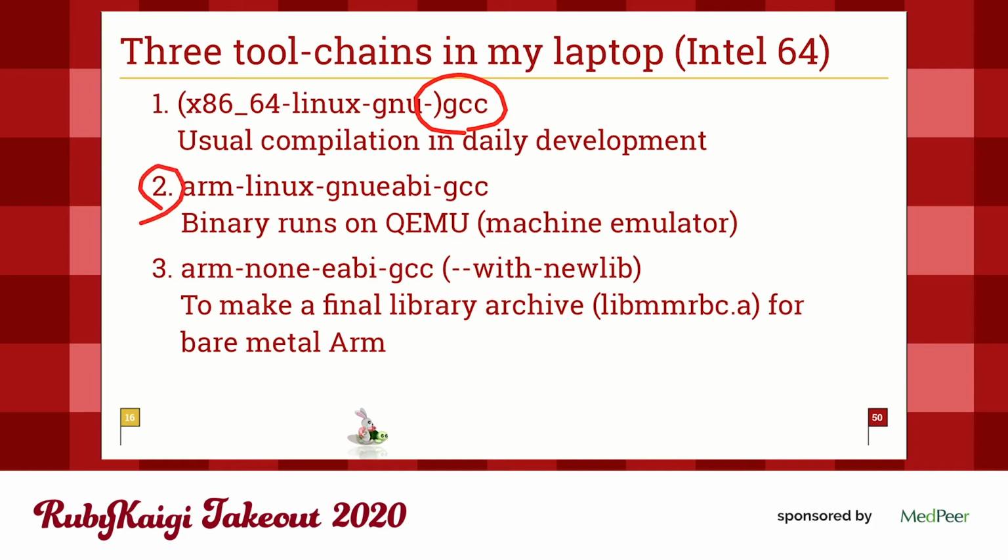You can also use GDB to debug with QEMU. It is a machine emulator. And the last one is none-EABI GCC. It is the tool for making the final executable for PSoC, as you are already familiar with.